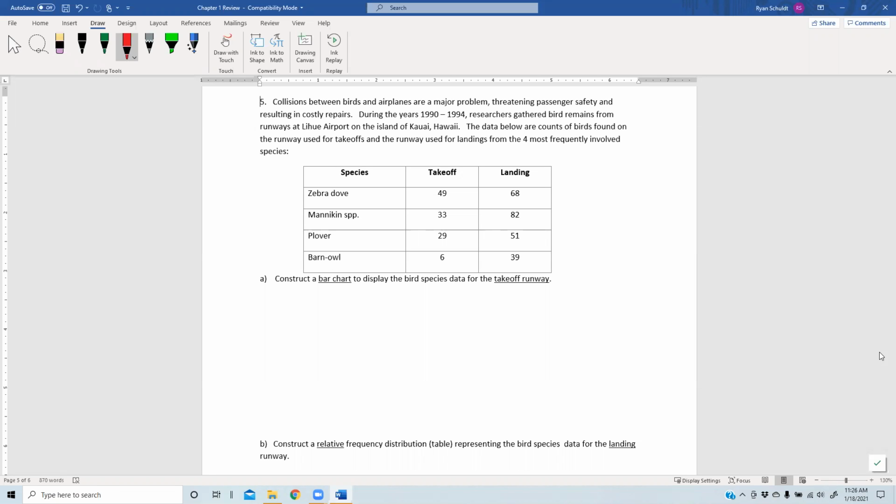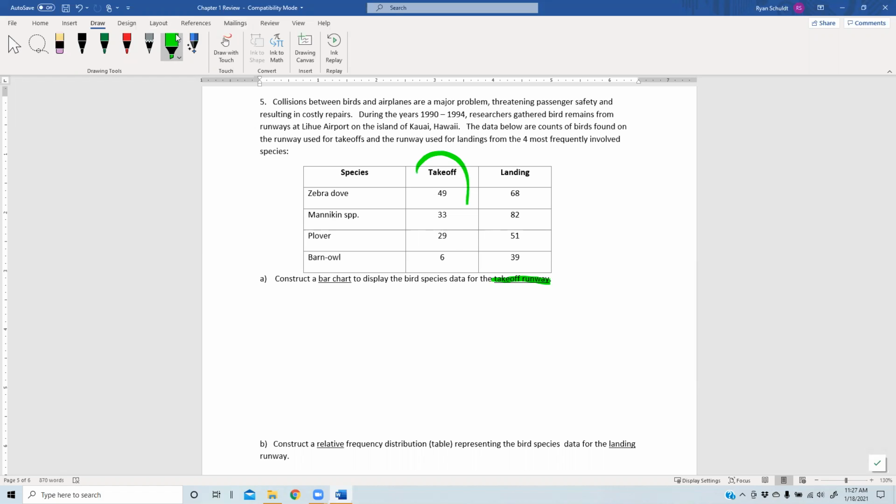So the species that we're using are zebra dove, mannequin sparrow, I'm guessing, plover, and barn owl. First, they ask us to construct a bar chart displaying the data for the takeoff runway. Takeoff runway.